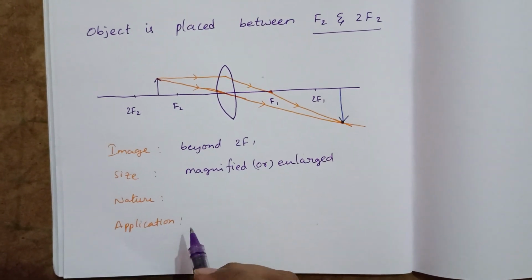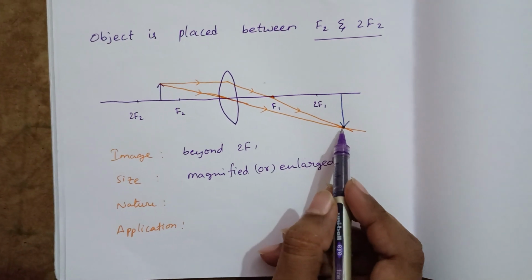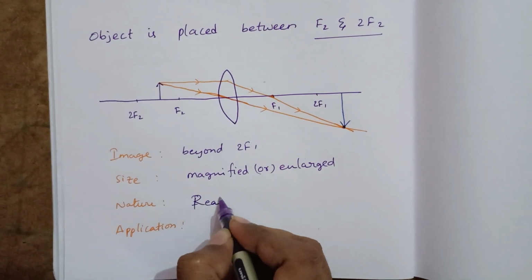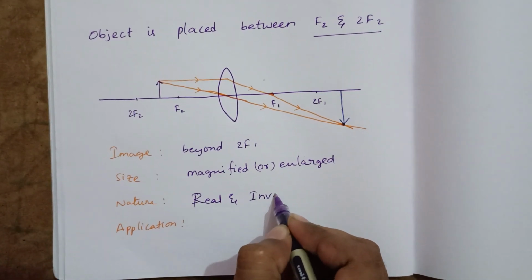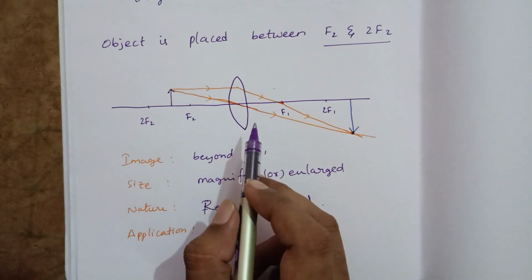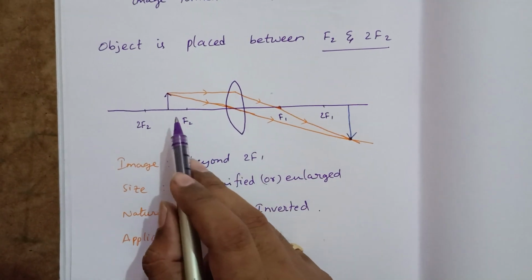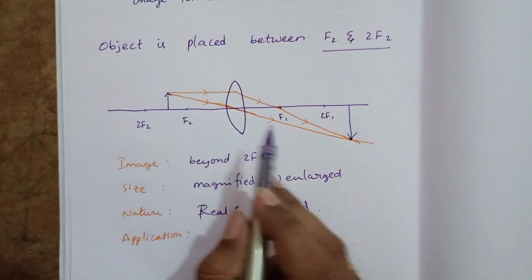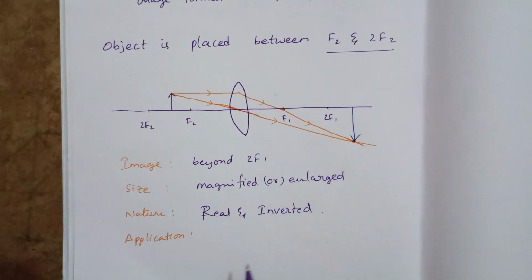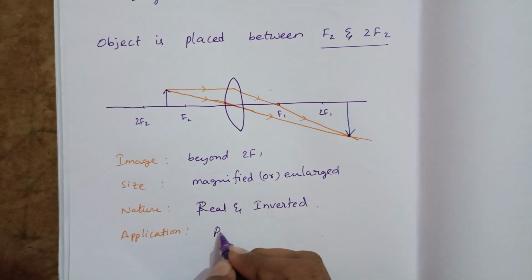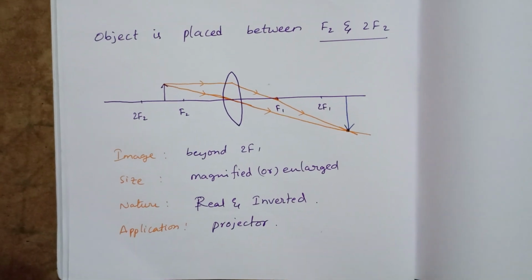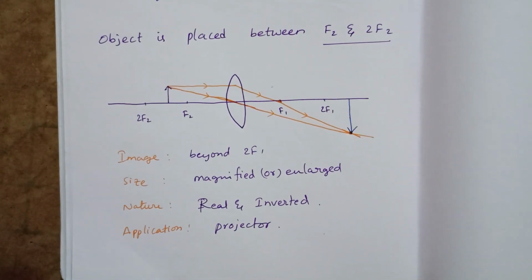As the rays are directly meeting, the image is real and inverted. Application: what is the application where we are using this? For a smaller object, the image is real and magnified. So it is used in projector lenses, used in projectors.